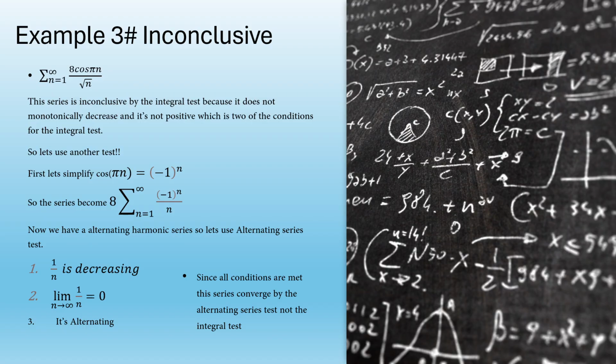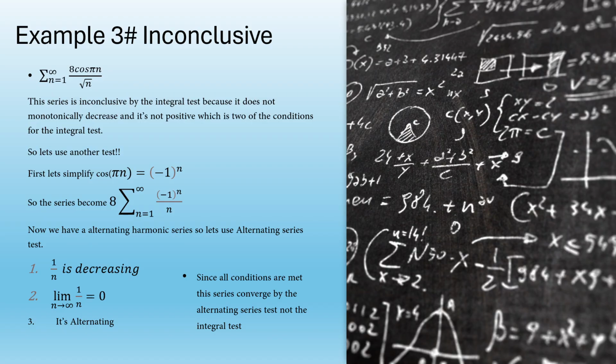We're going to simplify cosine of pi n to (-1)^n over n. And now this looks a little familiar, right? This is the alternating harmonic series. What test should we use? Maybe the alternating series test. The conditions for that are: 1 over n has to be decreasing.